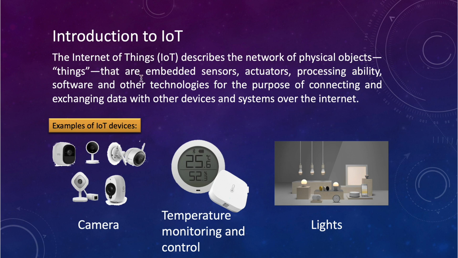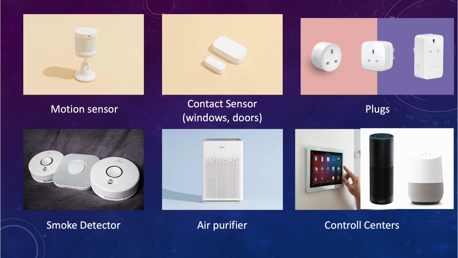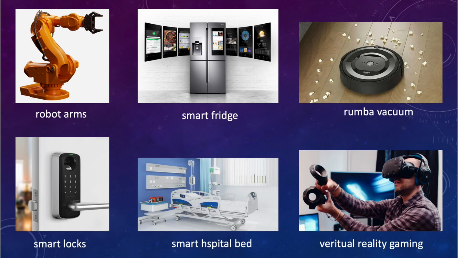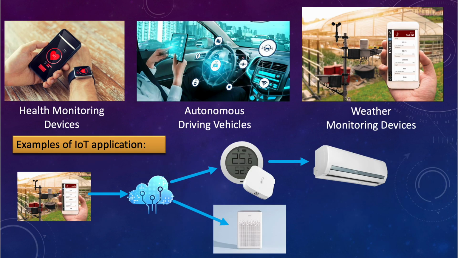We talked about the definition in length, and then we talked about examples for IoT devices: cameras, temperature monitoring or thermostats, lights, motion sensors, contact sensors, smoke detectors, control centers, robotic arms, smart fridges, vacuums, smart locks, smart hospitals, virtual reality gaming, health monitoring, automotive IoT used in the automotive industry, weather monitoring.